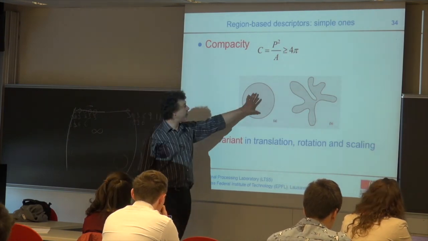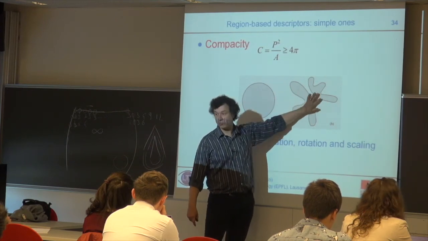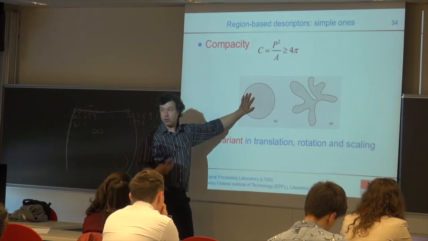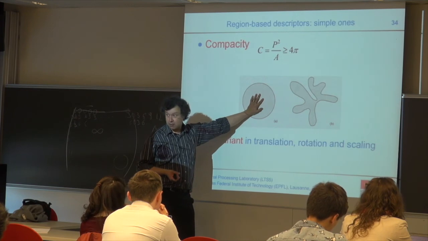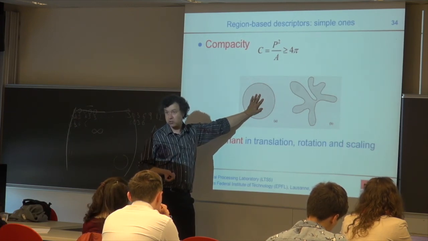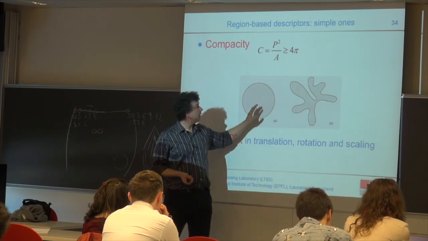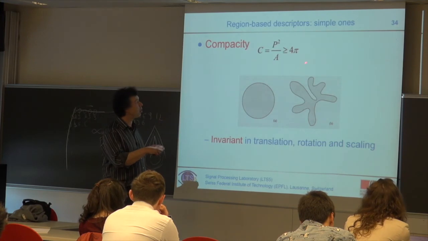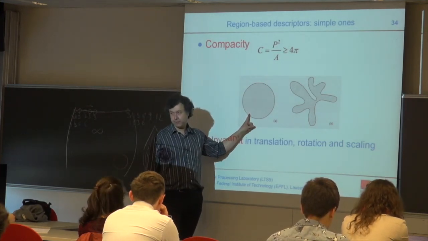A shape can be very compact or not: very long perimeter as compared to the area, or a circle, which is the most compact object, the object that has the smallest squared perimeter divided by area. This is the definition. And it cannot be smaller than the compacity of a circle, which is 4 pi.